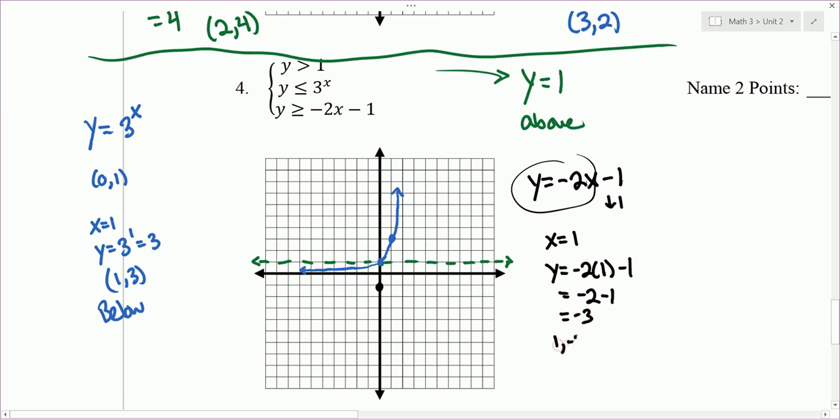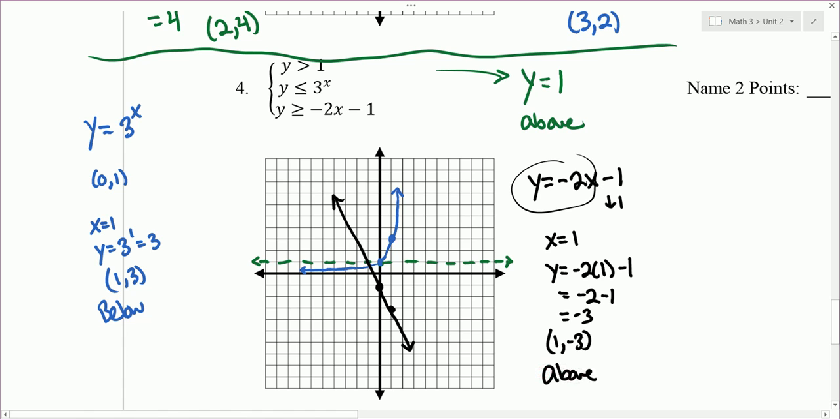So 1, negative 3 is another point we go through. And this is going to be a solid line. And we're going to shade above.